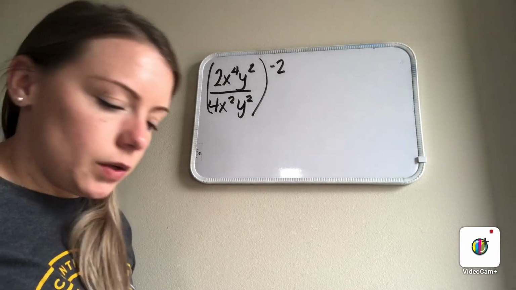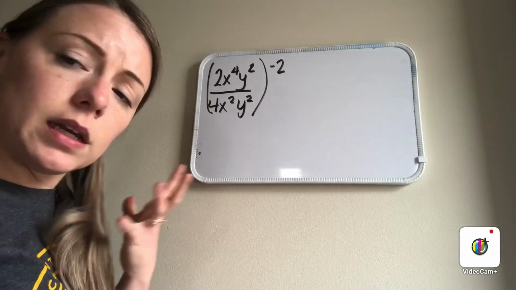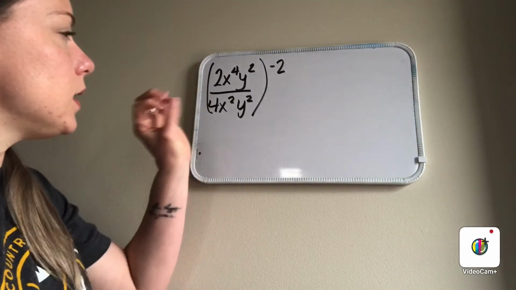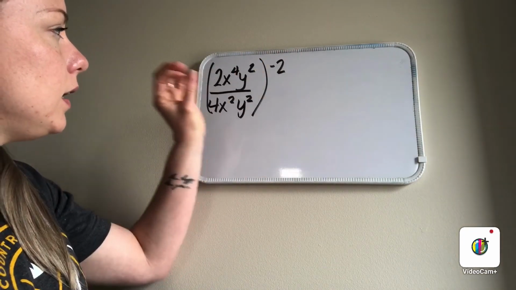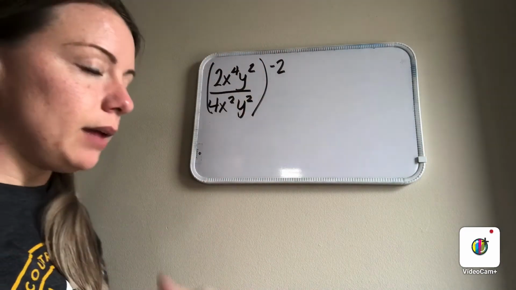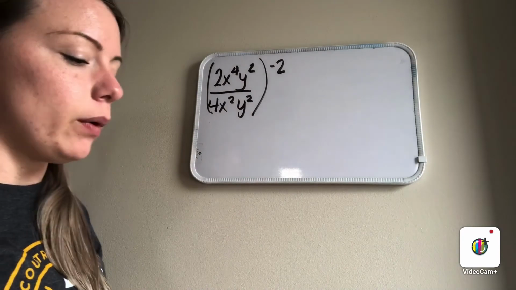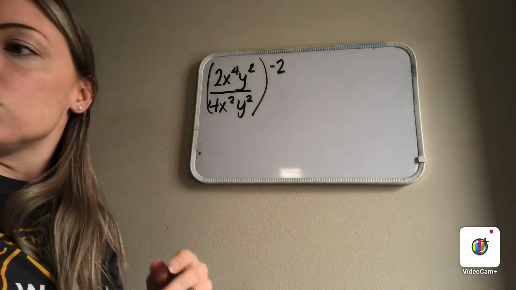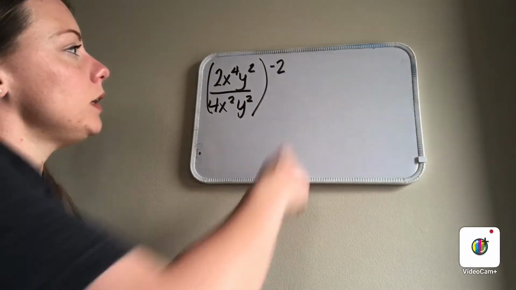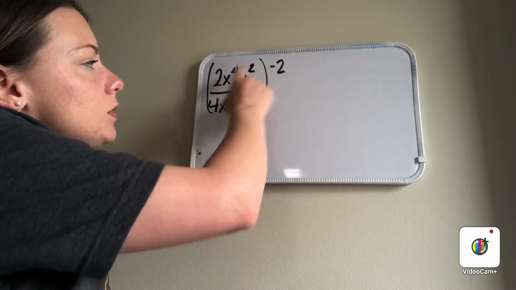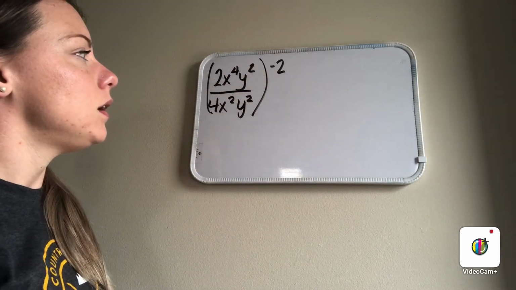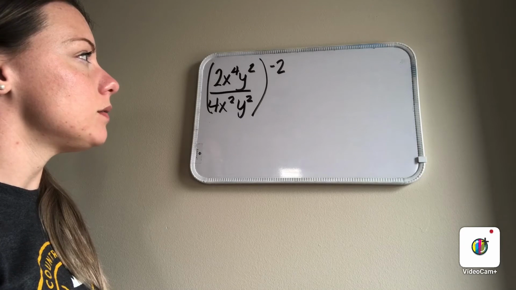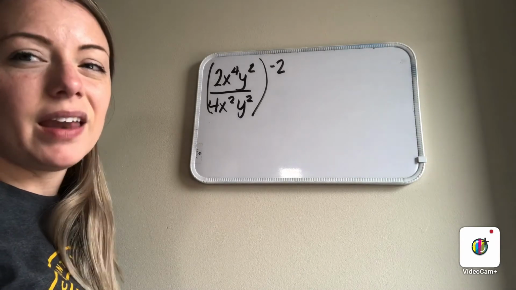All right, so I know this is again a power of quotient because I have a power on the outside and the quotient on the inside, meaning I have a quotient raised to a power. So following the rules that we just discussed, we're going to distribute this negative to all of those positive exponents. But again, I have a negative.